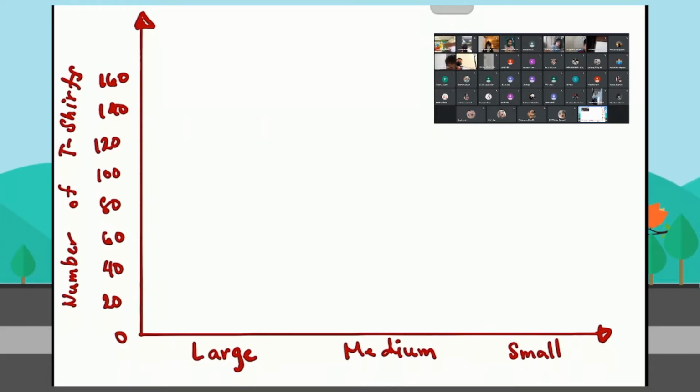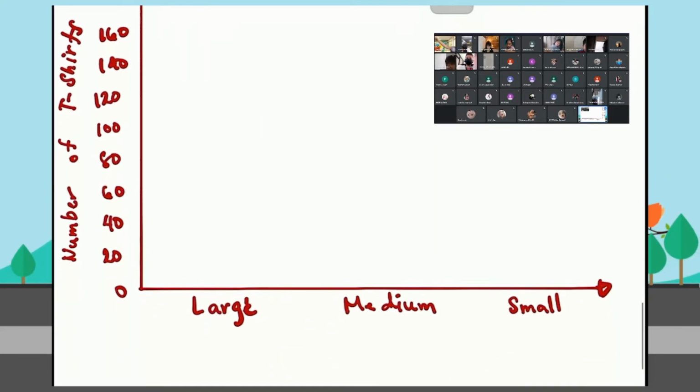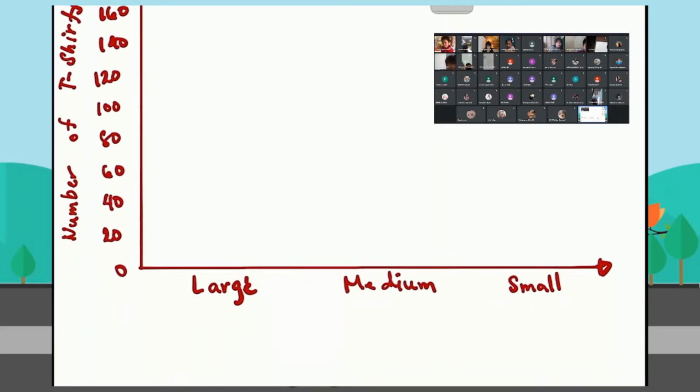Write your label. And below, what is our label for our data group? This is now the size. So we have large, medium, and small.